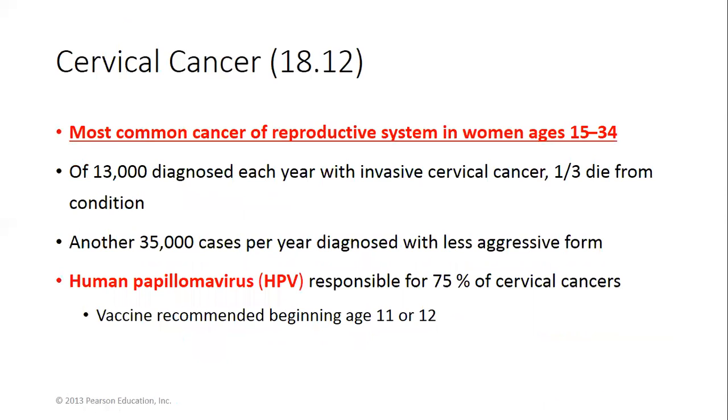Cervical cancer is the most common cancer in the reproductive system in women ages 15 to 34. A lot of cervical cancer comes from the human papillomavirus. It's responsible for 3/4 of all cervical cancer cases. There's a vaccine that is recommended around age 11 or 12, but if you already have HPV or have been diagnosed with it, the vaccination won't do anything for you.